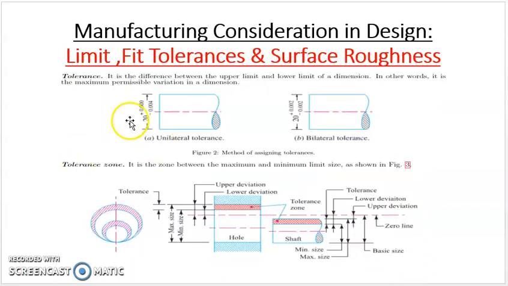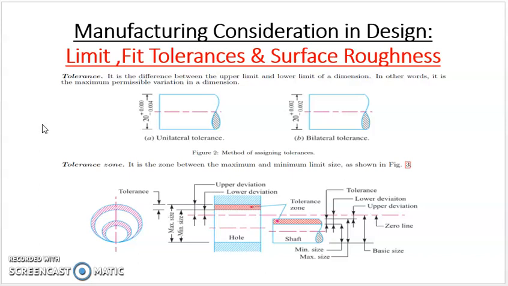Now let's come to the meaning of tolerance here. It is the difference between the upper limit and lower limit of a dimension, which is called our basic size. In other words, it is the maximum permissible variation in the dimension, meaning what variation is allowed whenever a worker is manufacturing a shaft of diameter 20.